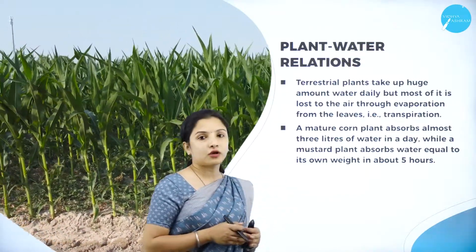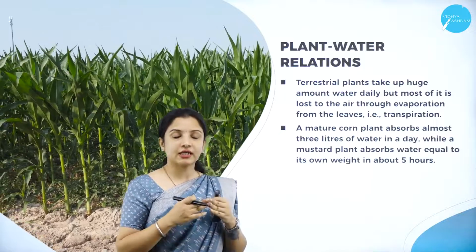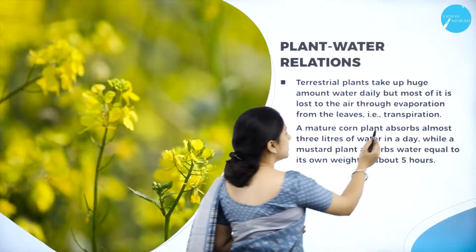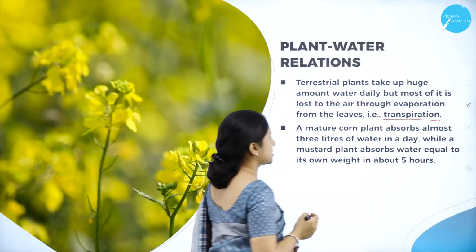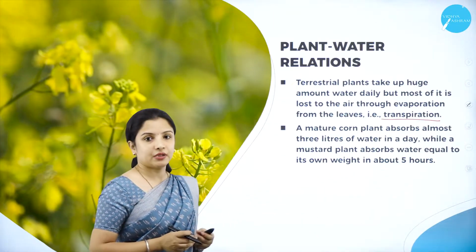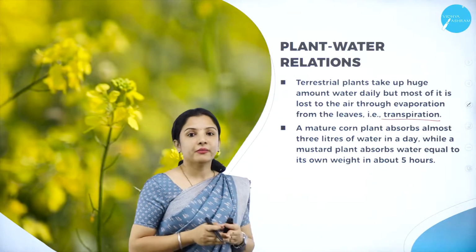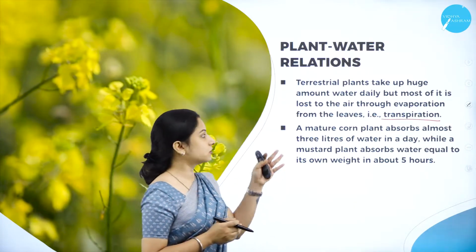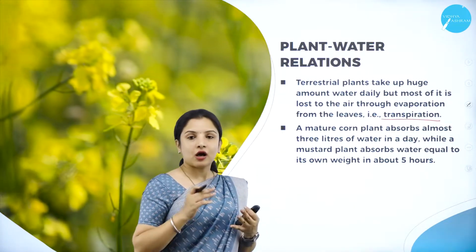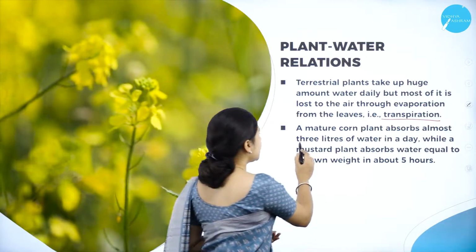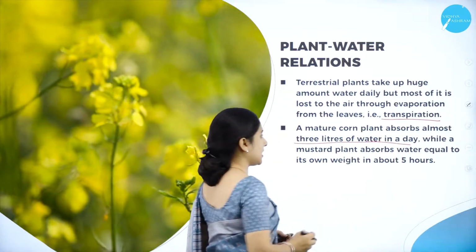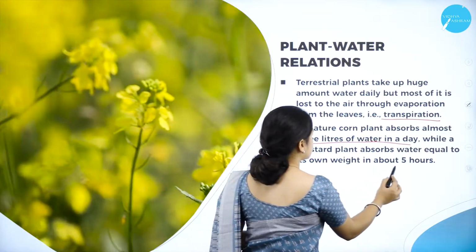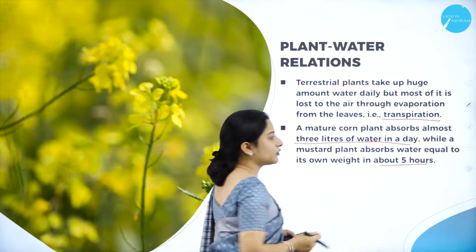Here the water from the leaves evaporates, and this evaporation of water from the leaves is called transpiration. For example, take a mature corn plant, that is nothing but the maize plant. The corn plant absorbs more than 3 liters of water in a day, while a mustard plant absorbs water equal to its own weight in about 5 hours.